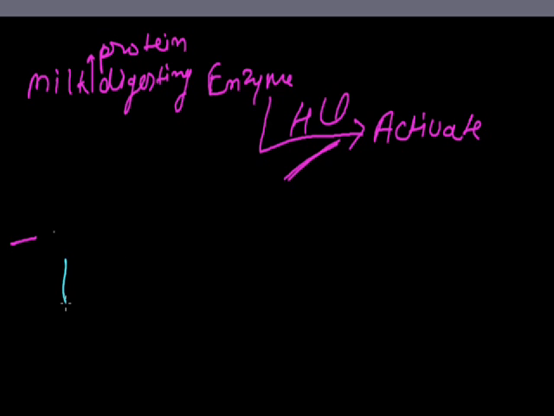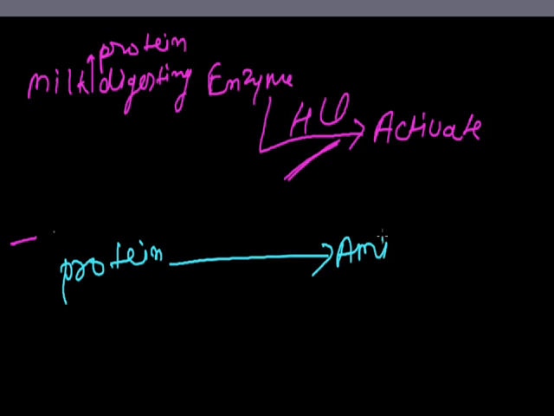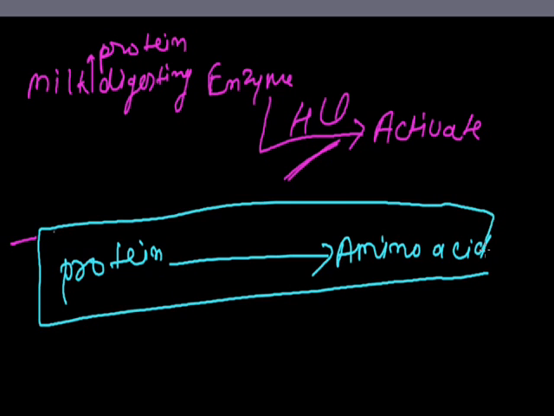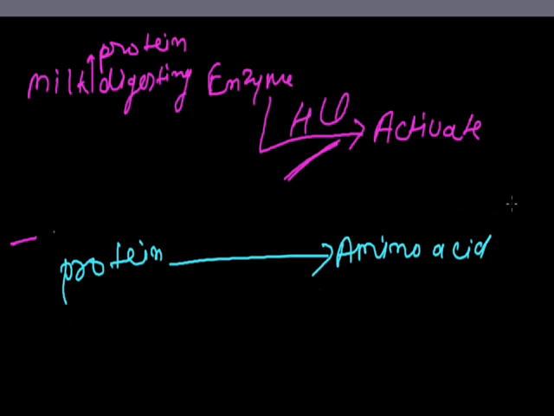We know that protein is converted into a simple form, known as amino acids. Inside the stomach, the digestion of protein will start.